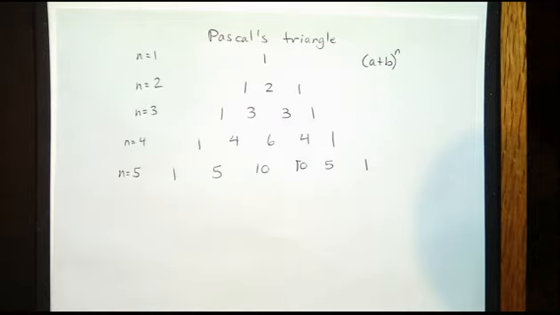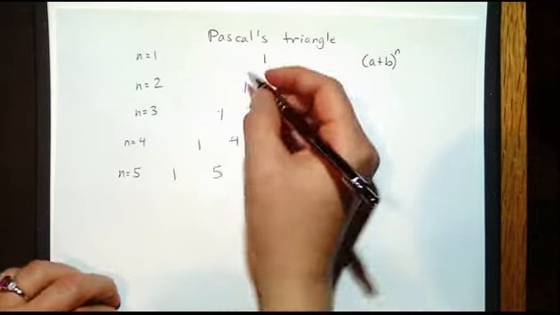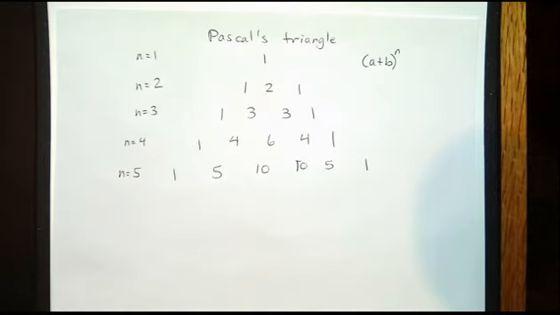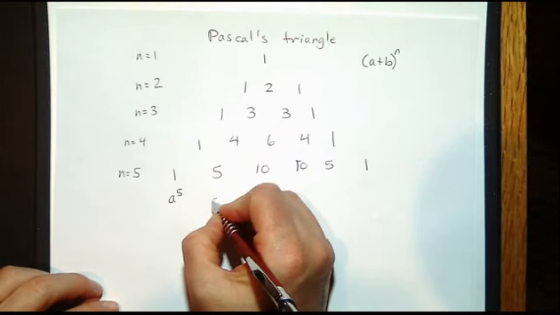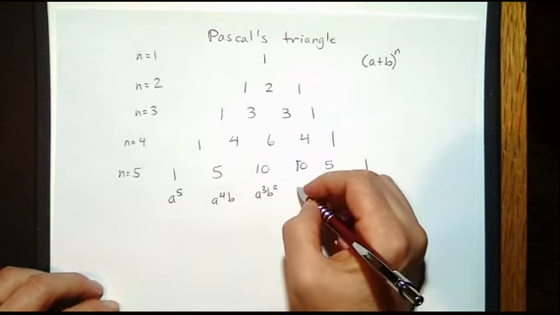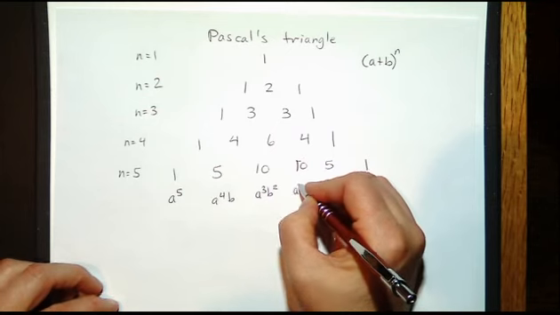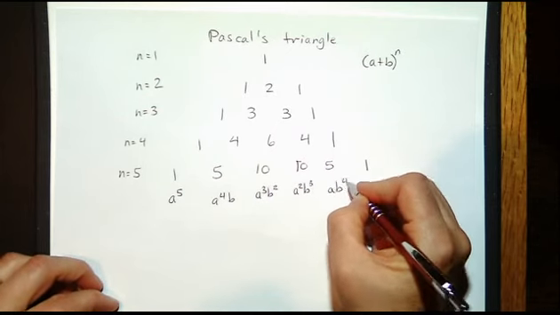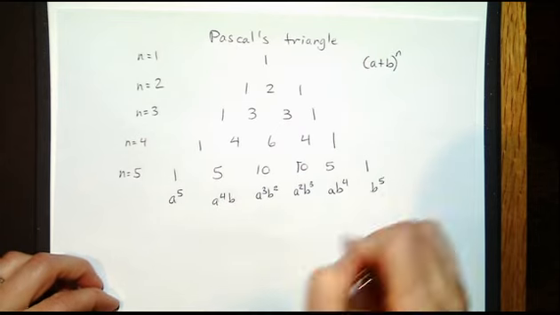The first one is always a raised to the n, the last one is always b raised to the n, and in the middle the number of a's decreases and the number of b's increases by 1 every time. So this one would be a to the 5th, this would be a to the 4th b, that's a cubed b squared, so notice all of them add up to 5, and then a squared b cubed, and then a times b to the fourth, and then b to the fifth.